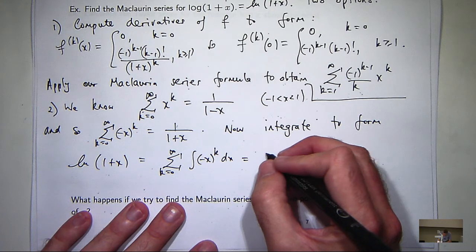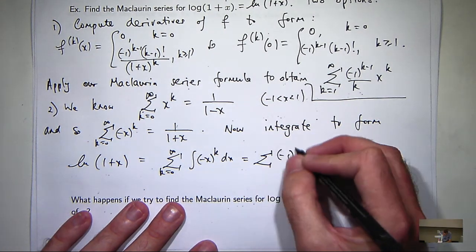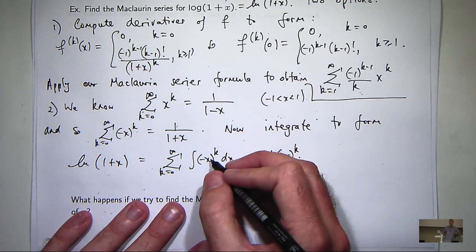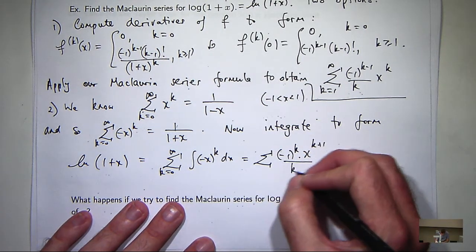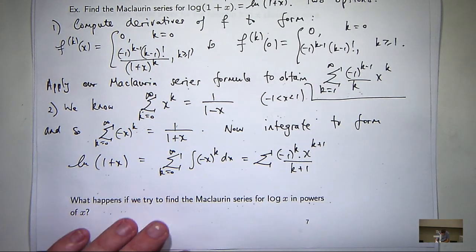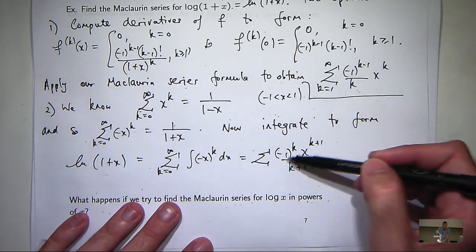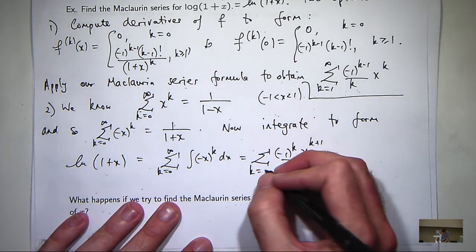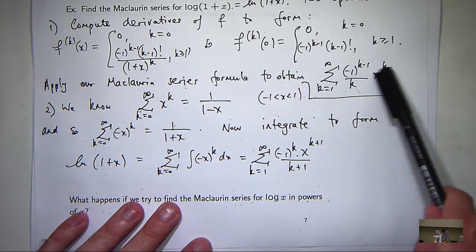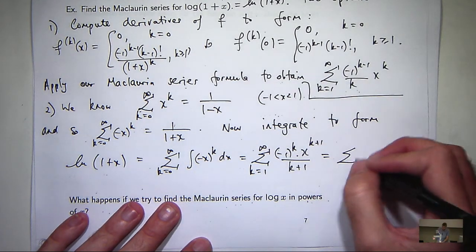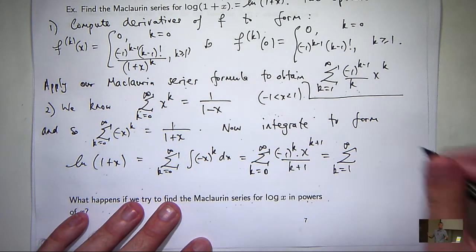So what I'm going to do is integrate term by term here, so that if I integrate, the k is going to go to k plus 1, and I need to divide by the new k. Now, if you look here and here, these aren't quite the same series. But if I just relabel everything, I get it.